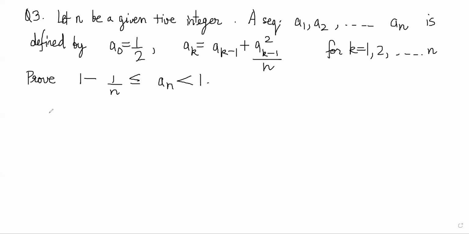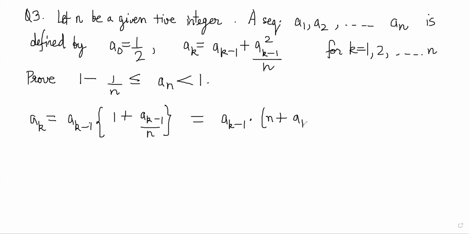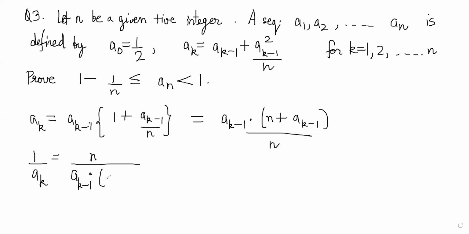Now think about the ak here. ak is equal to ak minus 1 common, 1 plus ak minus 1 by n. That means ak minus 1 multiplied by n plus ak minus 1, whole divided by n, right? If I take reciprocals here, I get 1 by ak is equal to n by ak minus 1 multiplied by n plus ak minus 1.